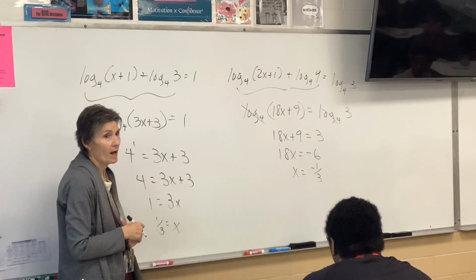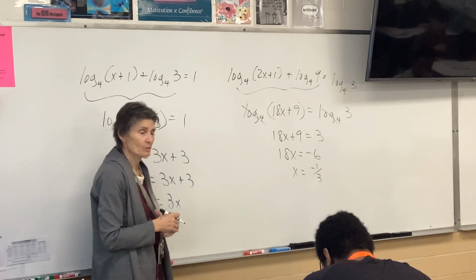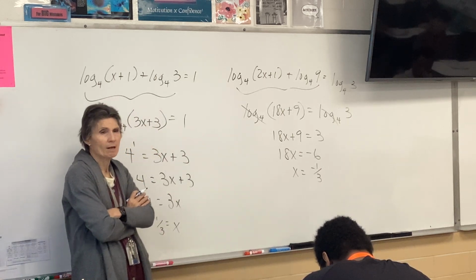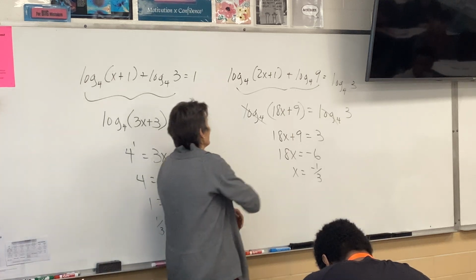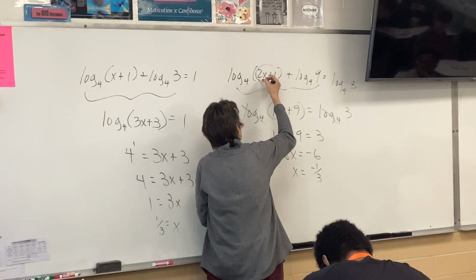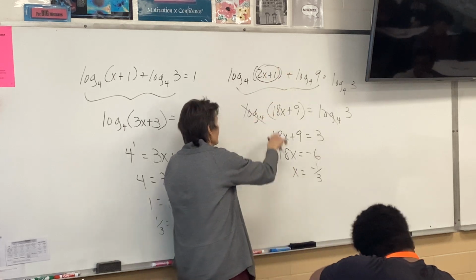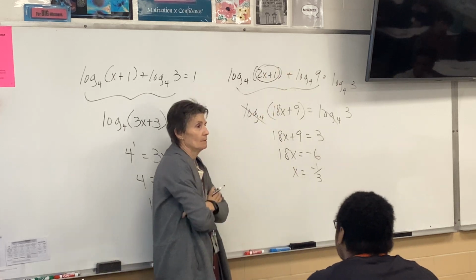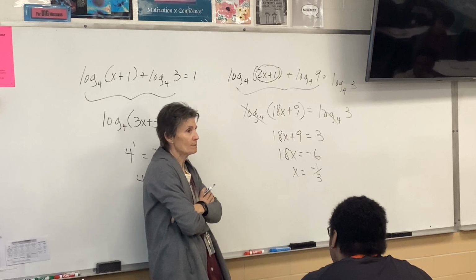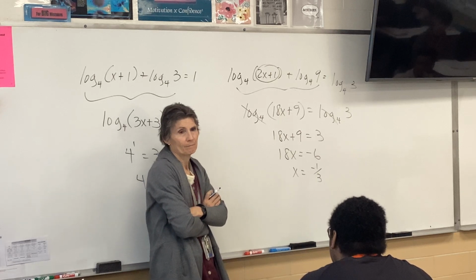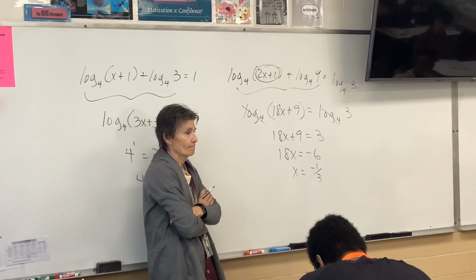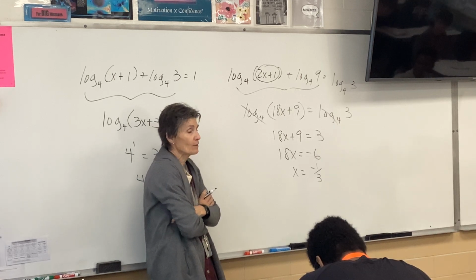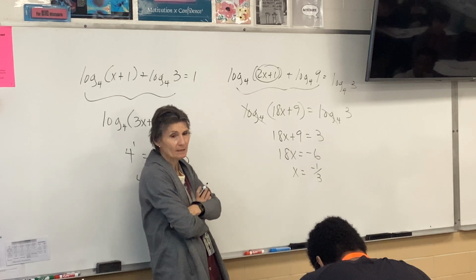Now, believe it or not, that is not extraneous. Do you remember we ran into some that were extraneous in our notes? This one's not, because what happens right here when I put in -1/3? What's 2 times -1/3? If you don't know that, you're going to have to type it out in your calculator. I'm not gonna tell you.